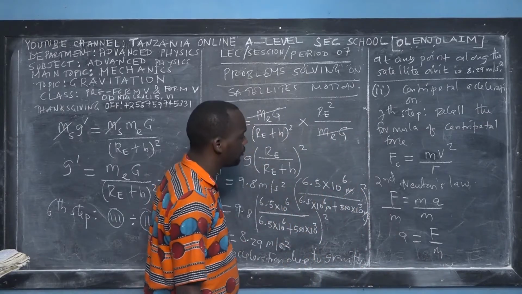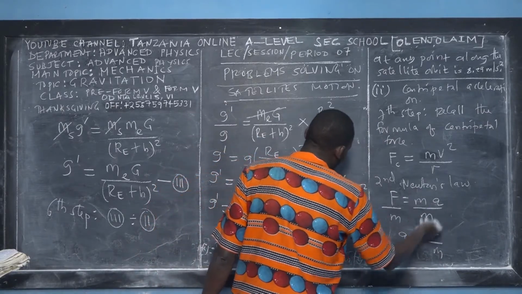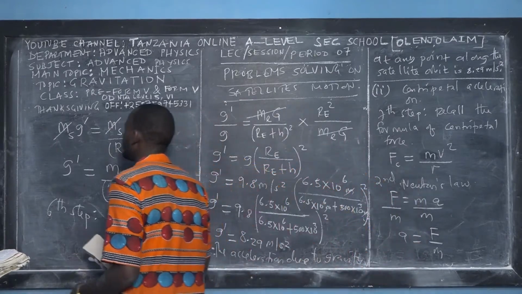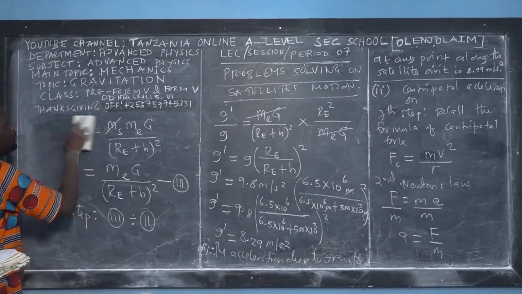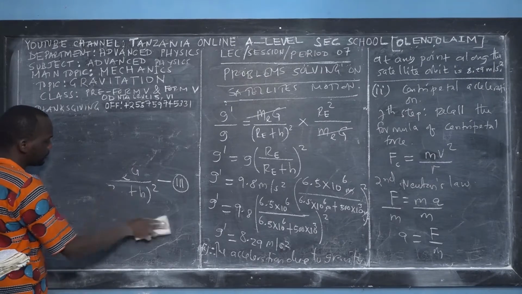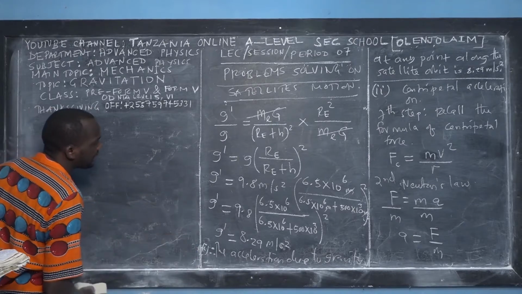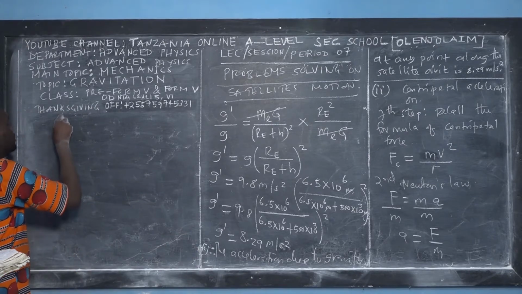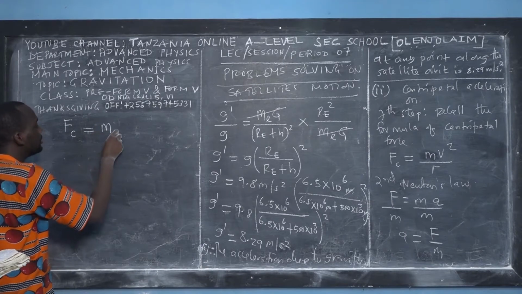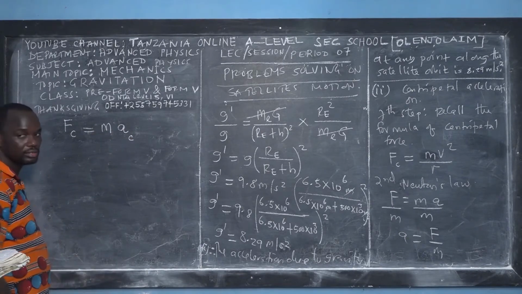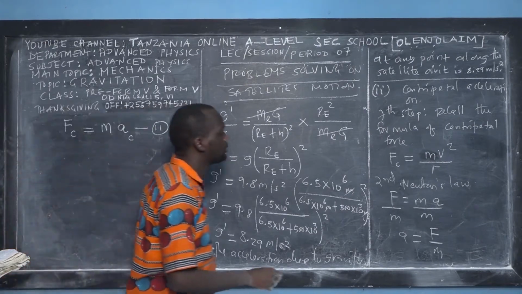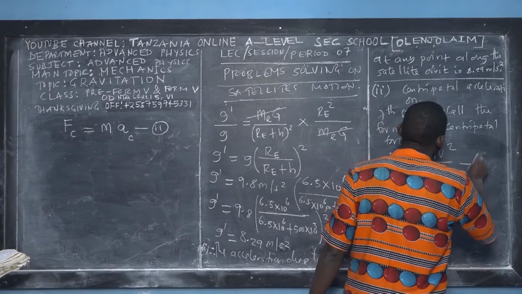This is the formula for acceleration according to Newton's second law. But that is not all. What is centripetal acceleration? So, if that is the case, the centripetal force will also be given as mass times centripetal acceleration. Suppose that this is equation 2, and suppose that this is equation 1.